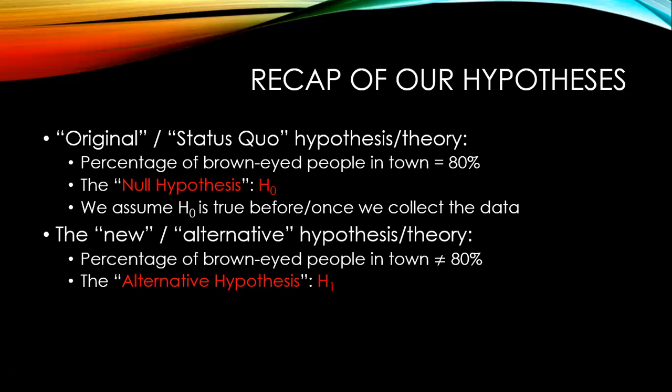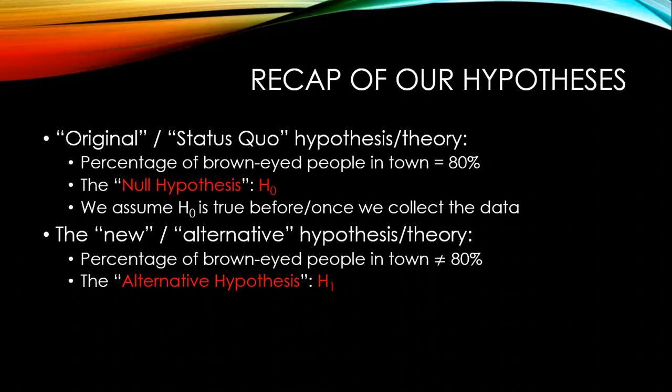We've got to be careful with the wording of our conclusion. When we make the conclusion from our data, we're either going to accept the original theory or reject the original theory. We're not going to accept or reject the alternative theory because we assume going into the investigation that the original theory is true.